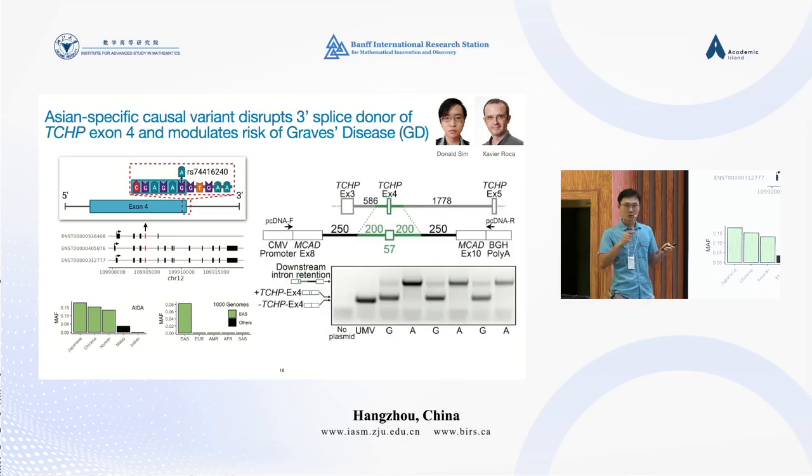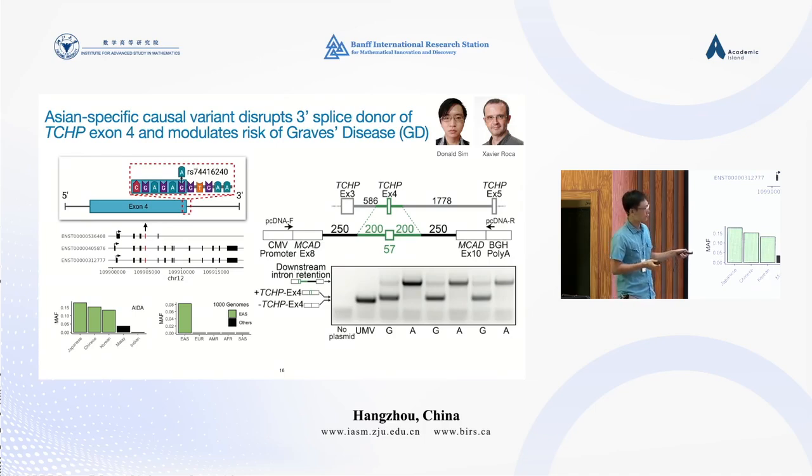So now, answering the question whether the eQTL leads to the sQTL or the sQTL leads to the eQTL, we were able to clone this TCHP exon 4 and its surrounding 200 bp introns into a minigene construct. This was done by Donald and Xavier, very talented collaborators.